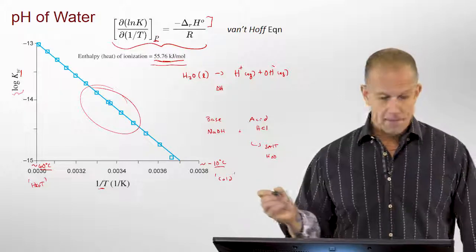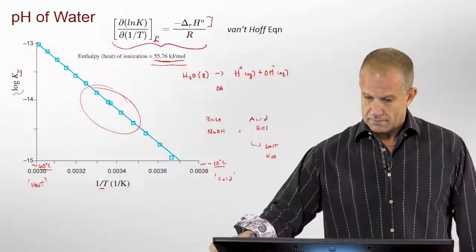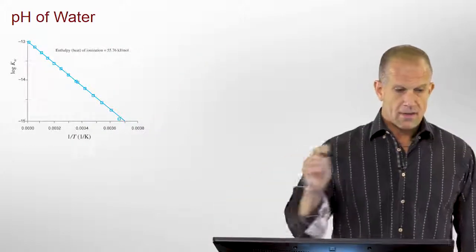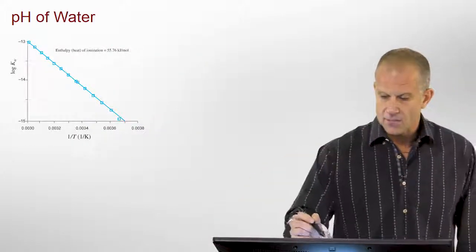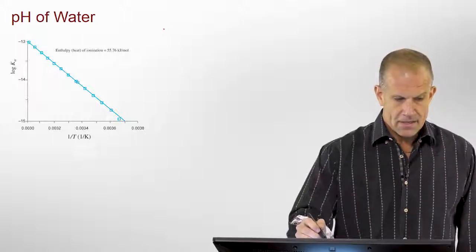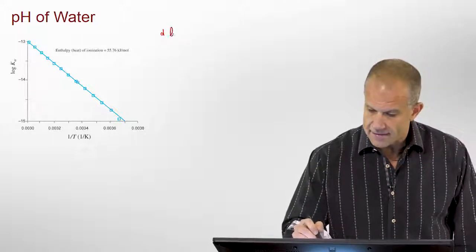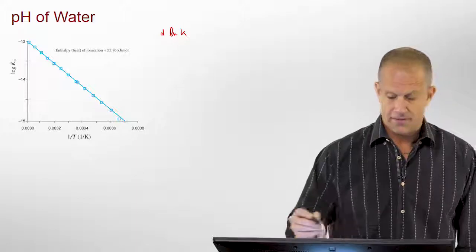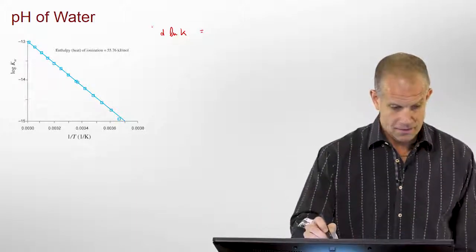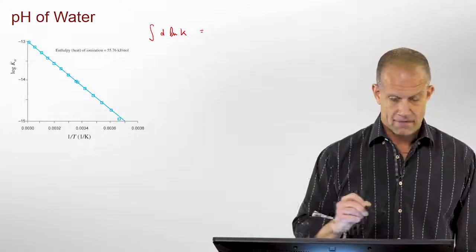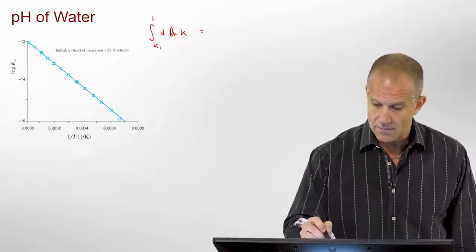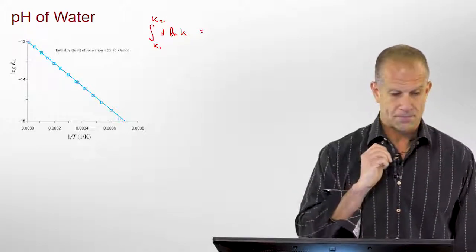Shown here. And so how would we look at this? Well, we're going to say that this is the change in the equilibrium coefficient, and we'll integrate over this from equilibrium 1 to equilibrium 2, right?